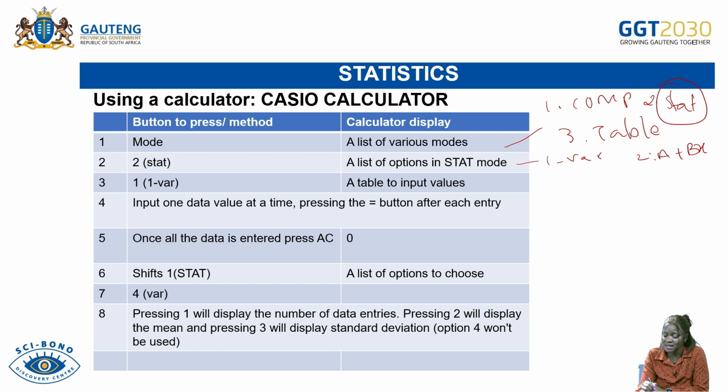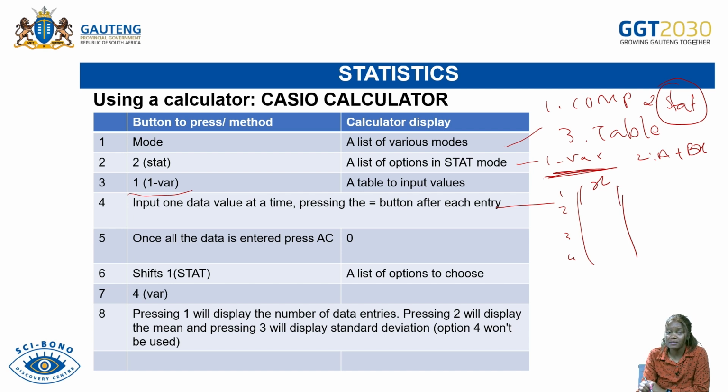Since you are going to enter a single data set, you'll press 1 for var. Then it's gonna take you to a table that looks like this, with the number of values 1, 2, 3, 4, and x up there.